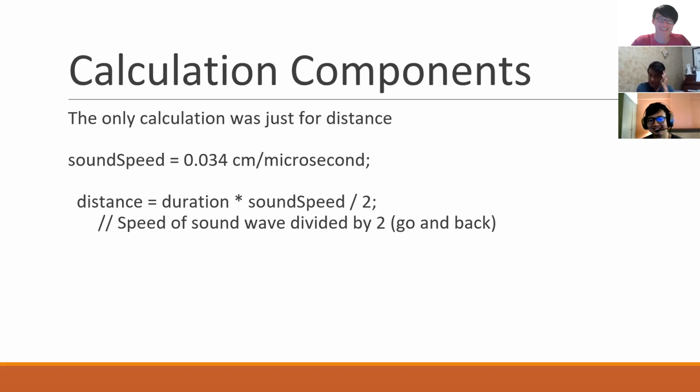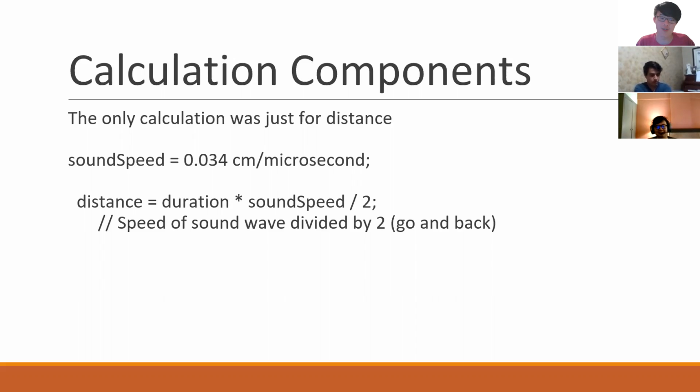Hi, Dr. Yang and Grayson. For this project, the only calculation component we have is for the distance. As you can see in the equation below, distance is duration times the sound speed divided by 2. We divide by 2 because the ultrasonic sensor sends out an ultrasonic pulse and then waits until it echoes back from the object, so there's 2 times the distance there.